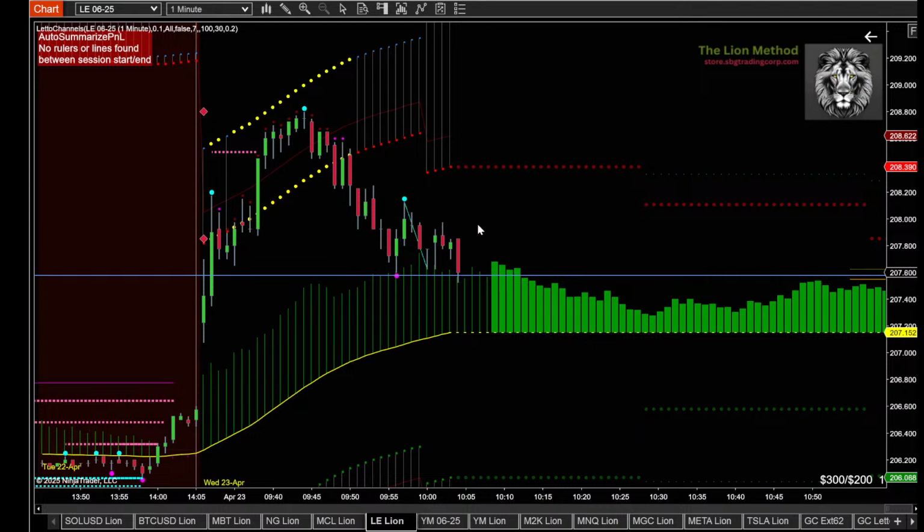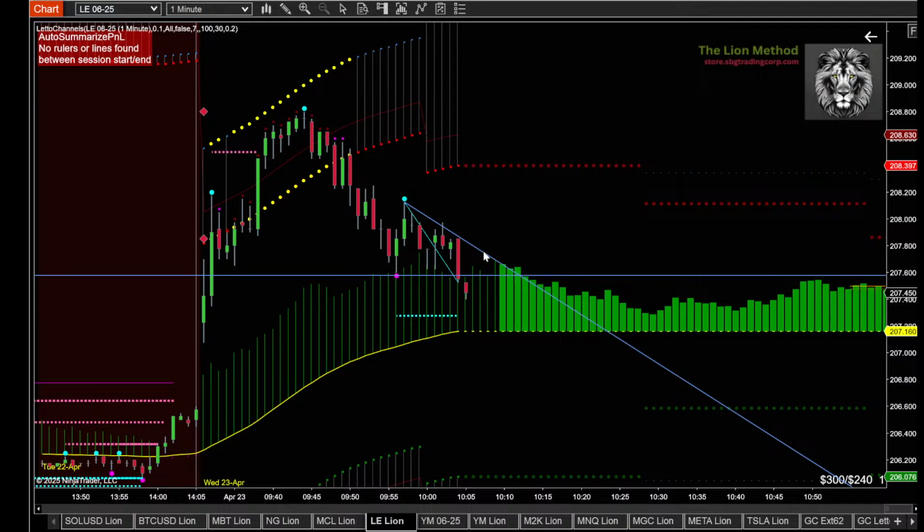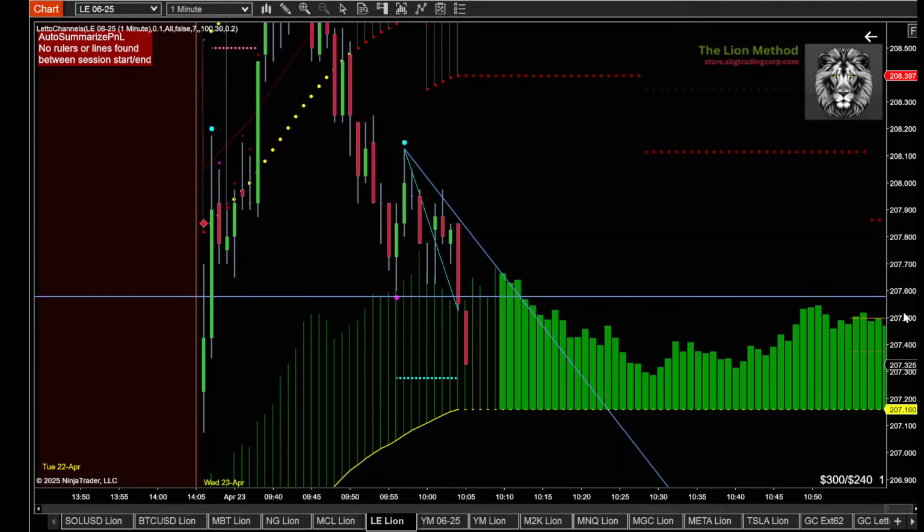So you can see, we had this ray right here, and we had this horizontal level. So the triangle was descending, showing selling pressure. Finally, the low broke, and we're almost at target. Almost at target. See if we can get it. There we go. I think we got it.